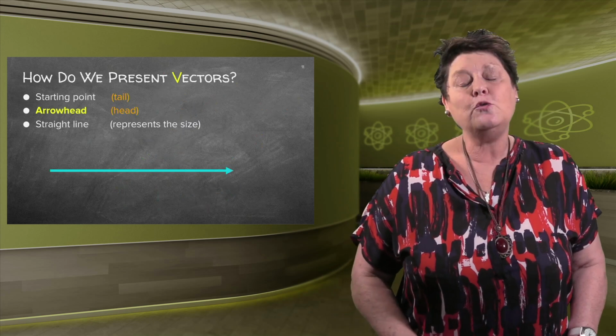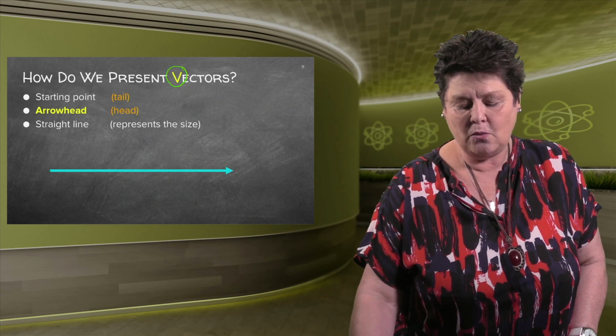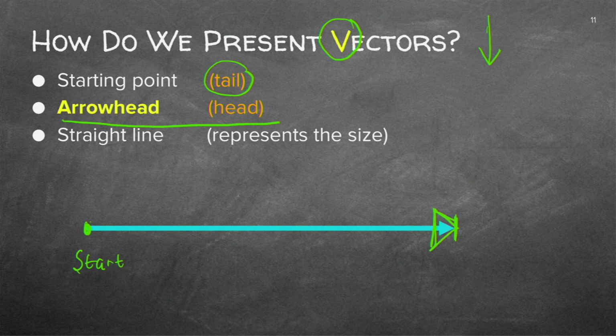So, how do we represent vectors? Vectors will always be with an arrow. An arrowhead will indicate to us where it starts and where it ends. So we start here and we call that the tail. This is the starting point, and the end point will then have, as I said, an arrowhead.